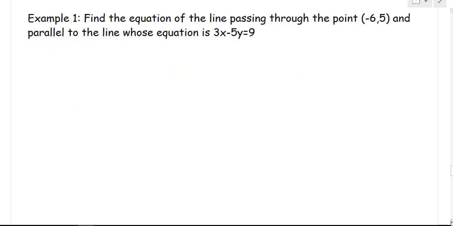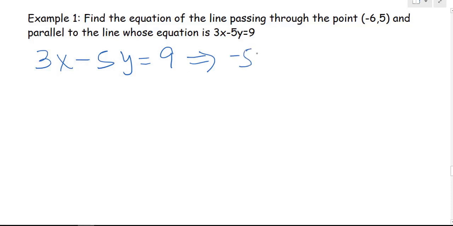Our first example under this category is find the equation of the line passing through the point (-6, 5) and parallel to the second line whose equation is 3x - 5y = 9. The first thing we are going to do is determine the gradient of the first line, that is for 3x - 5y = 9. We convert the equation to the general format, and this gives us -5y = -3x + 9.